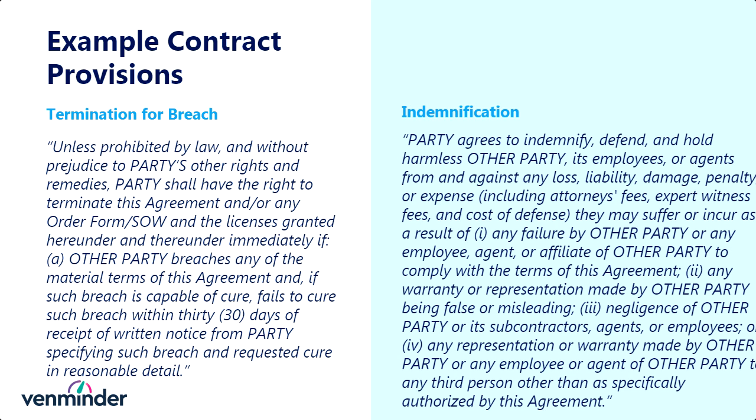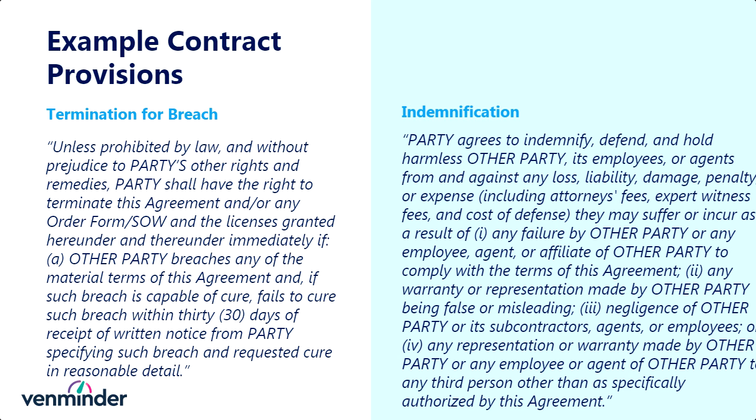On the next 3 slides, I am going to be providing some example contract provisions. This was one of the requests from the last time that we did this webinar. So again, when you receive this, you'll have access to this. The first 2 that are being covered are termination for breach and indemnification. You should always have some breach rights within the contract. They're fairly basic breach rights, and they generally include a cure clause, which is fair to both parties.